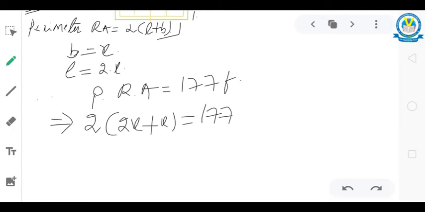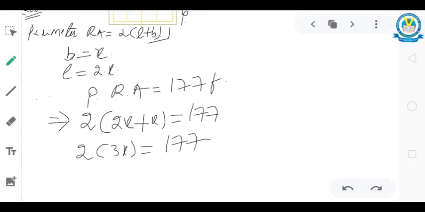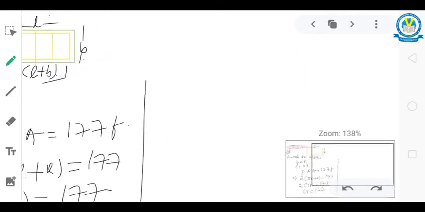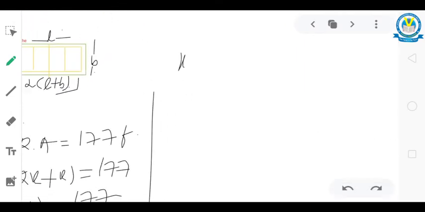So here 2x plus x, 3x, so 2 into 3x, 6x equal to 177 feet. So we want the value of x. So x equal to 177 by 6: here 6 multiplies, after coming to this side it divides.